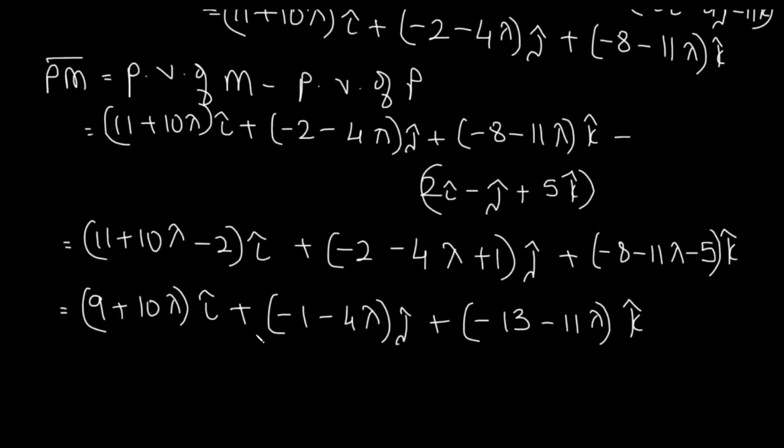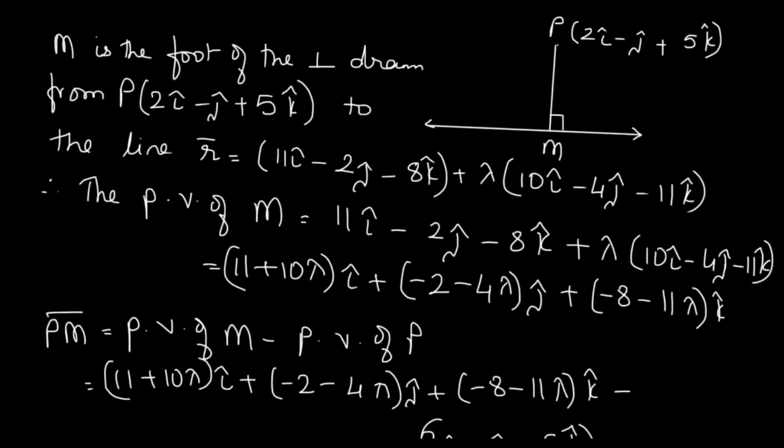PM bar is given by this particular vector. Now we also know that PM bar is perpendicular to the given line. Now what is the equation for the given line? Just look at it once again.